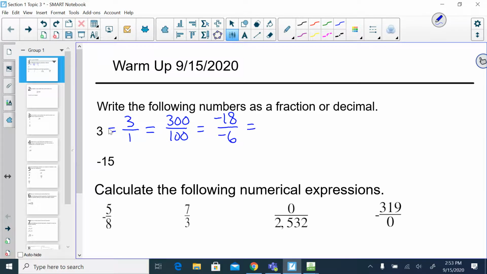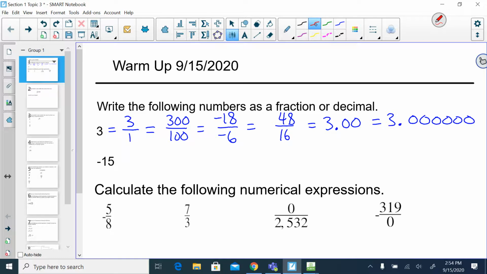You can also say negative 48, or I would say positive 48 over 16. You can also write it as a decimal, as 3.00, or you can also write it as a really long decimal, 3.000000.